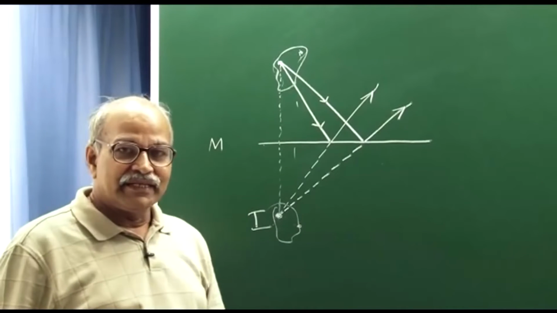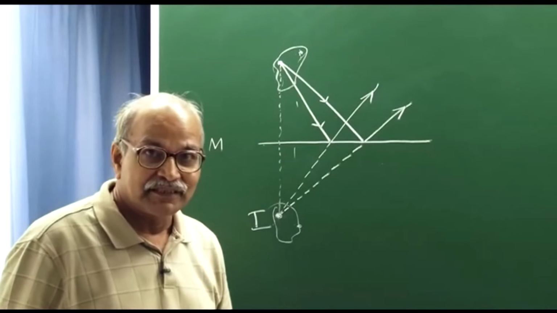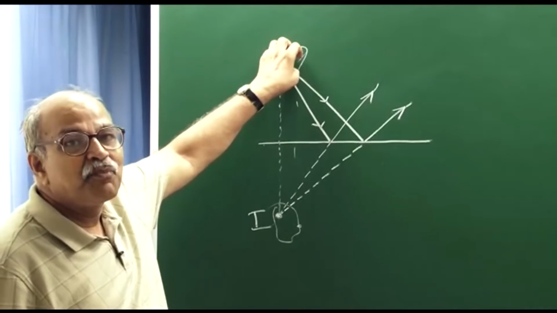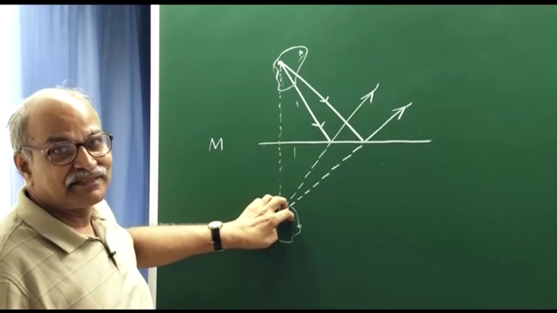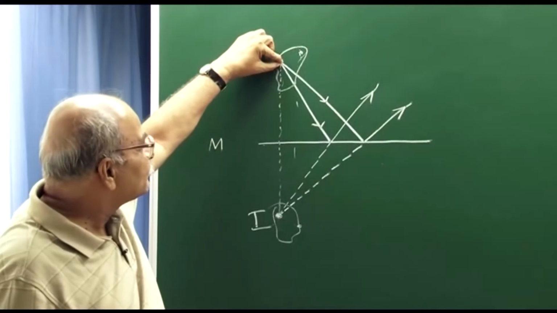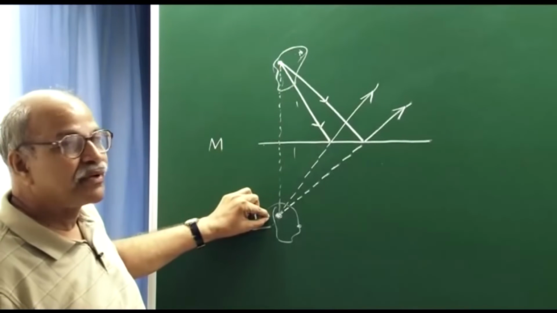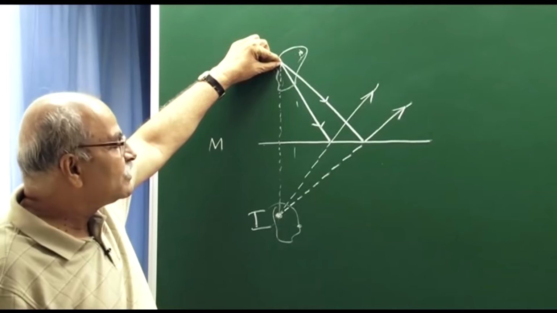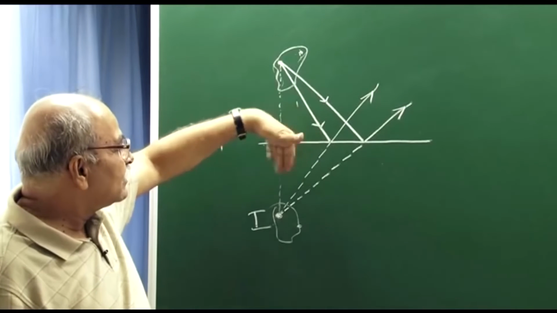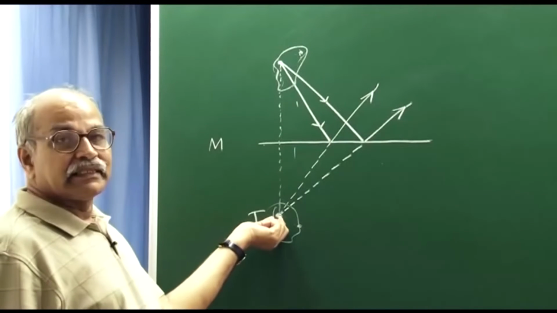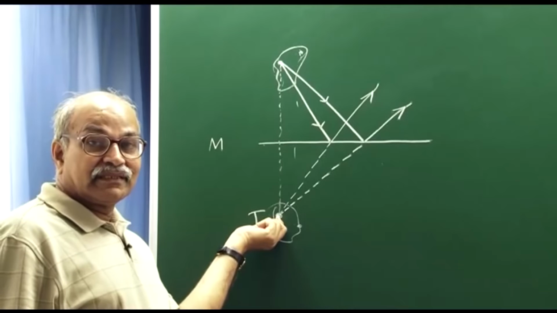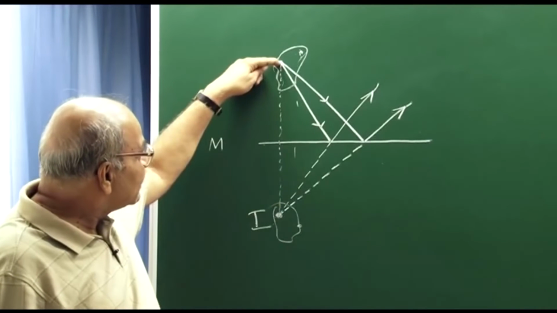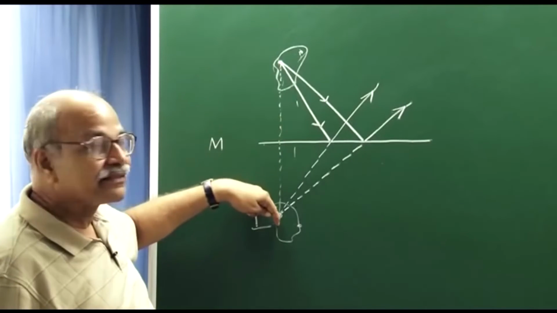So the important point is, for image formation, in that image and in that object there is a point to point correspondence. One point corresponds to one particular point here. All the rays starting from here after reflection must intersect, after extension of course, at that point. At this point only rays which start from here can intersect, and so on.